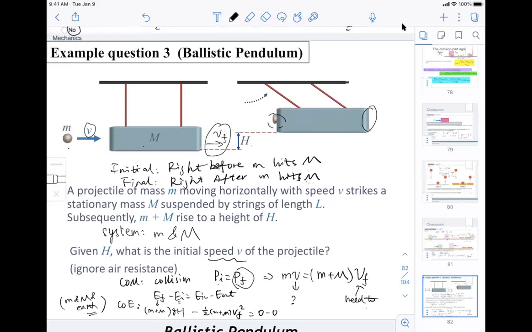Another force I could have is tension. But for the pendulum, we have done this before: your tension doesn't do any work. Your tension is always perpendicular to your trajectory, to your path, right?